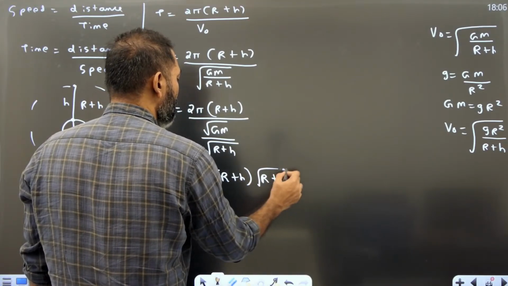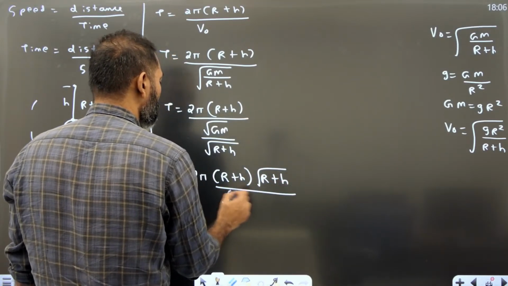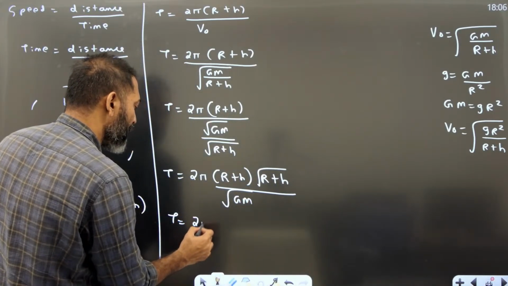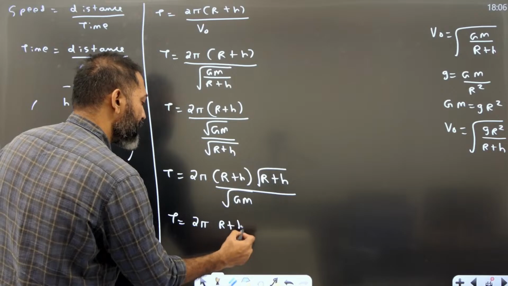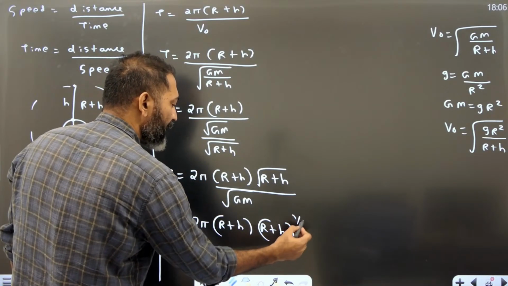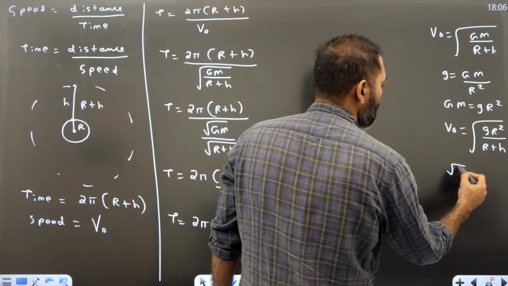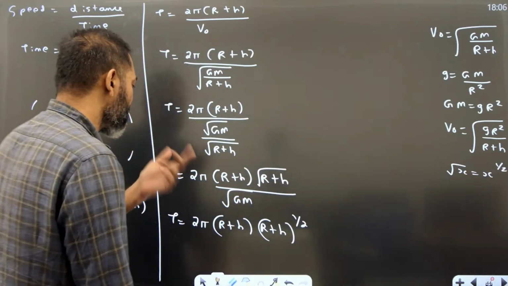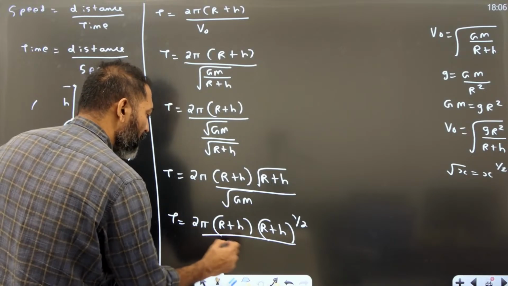So root r plus h divided by root GM. Root r plus h is r plus h whole raised to 1 by 2, because we know that root x is x raised to 1 by 2. So root r plus h is r plus h whole raised to 1 by 2, divided by root GM.